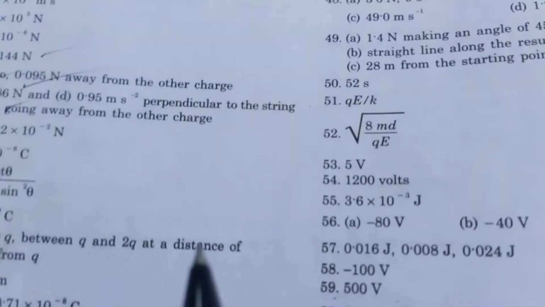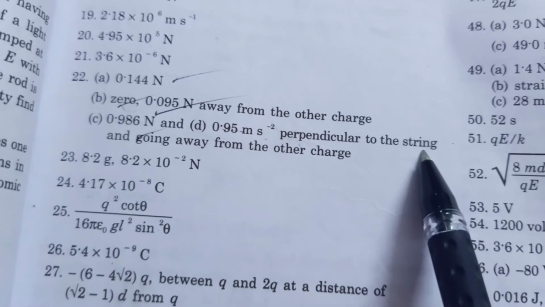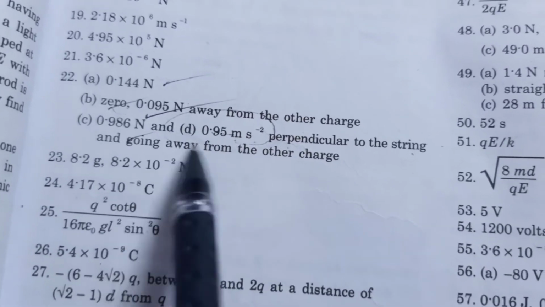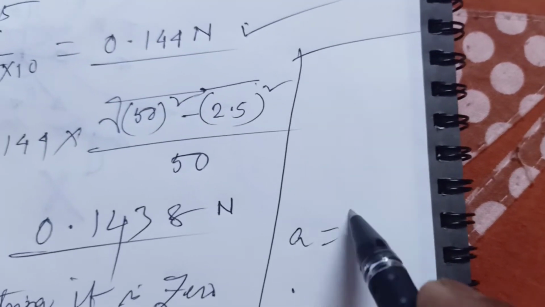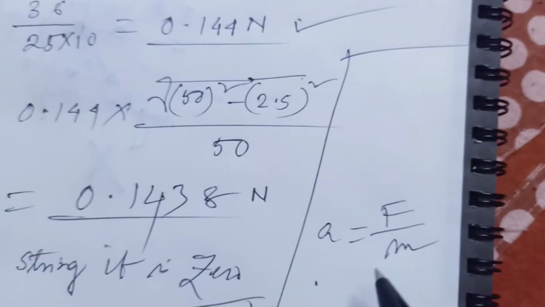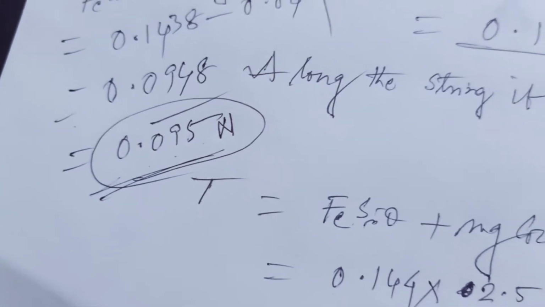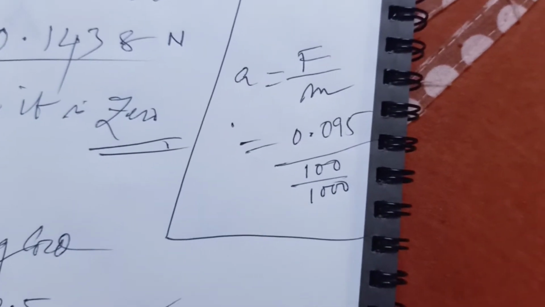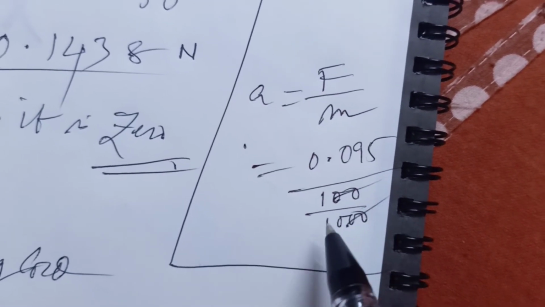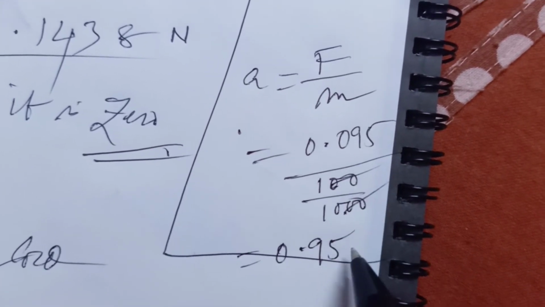So the next answer is 0.95 meter per second square, perpendicular. This is the acceleration, so you have to calculate acceleration. Acceleration equals force by mass. The force is 0.095 by mass, 100 gram divided by 1000, so this cancels, giving 0.95 meter per second square. So this is the final answer.